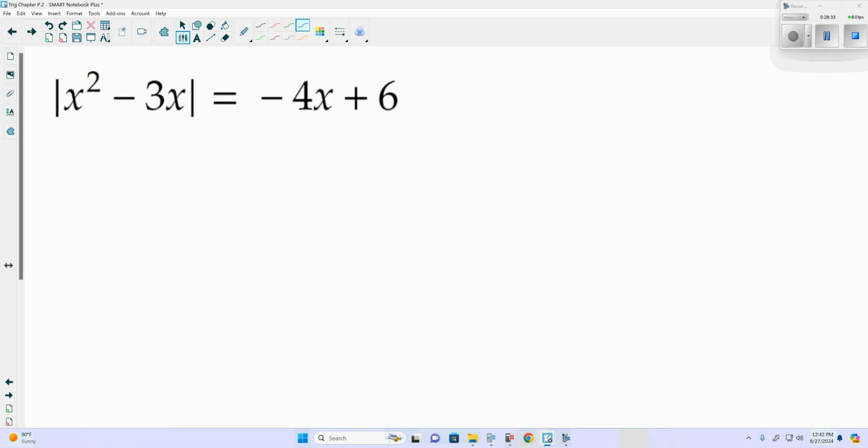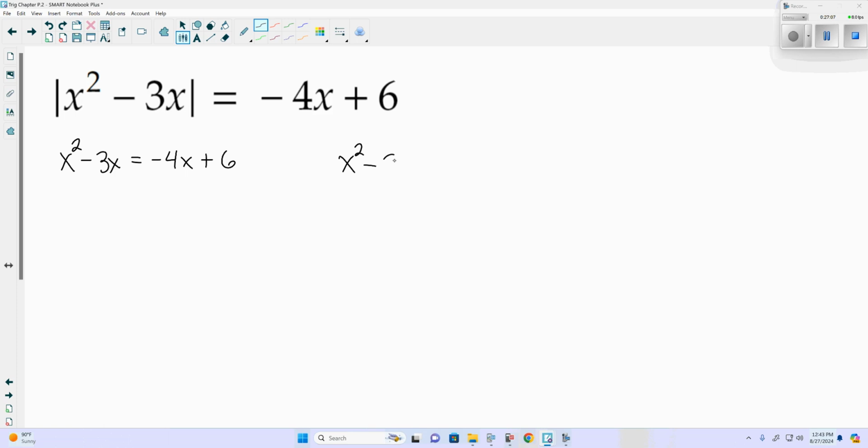So the next one here, we have the absolute value of x squared minus 3x is equal to -4x plus 6. So again, doesn't matter the setup, we need the absolute value expression by itself. And here it is indeed by itself. What this is saying is that what's inside the absolute value, our x squared minus 3x, is equal to -4x plus 6, the positive case of the other side.